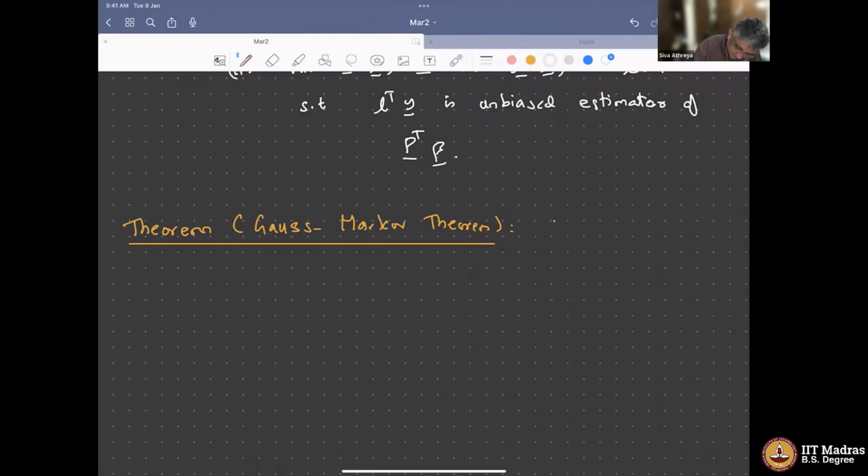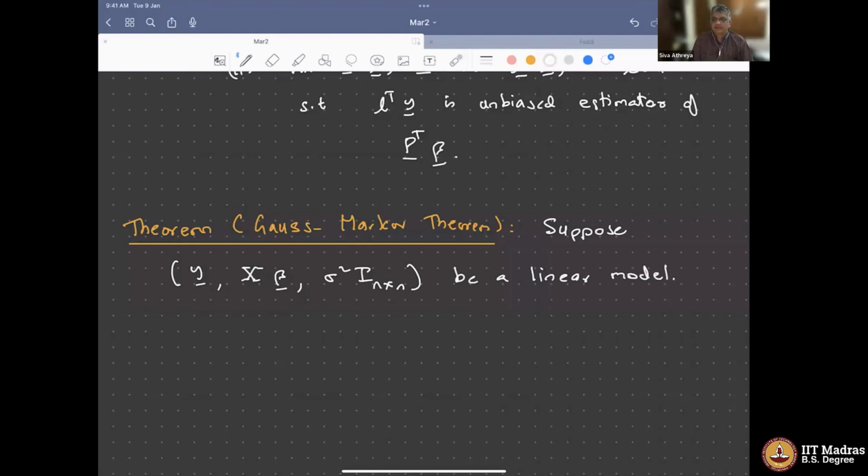Suppose, in short form notation, Y equals X beta plus uncorrelated error terms with variance sigma squared. So that's the basic model we start with, like before.